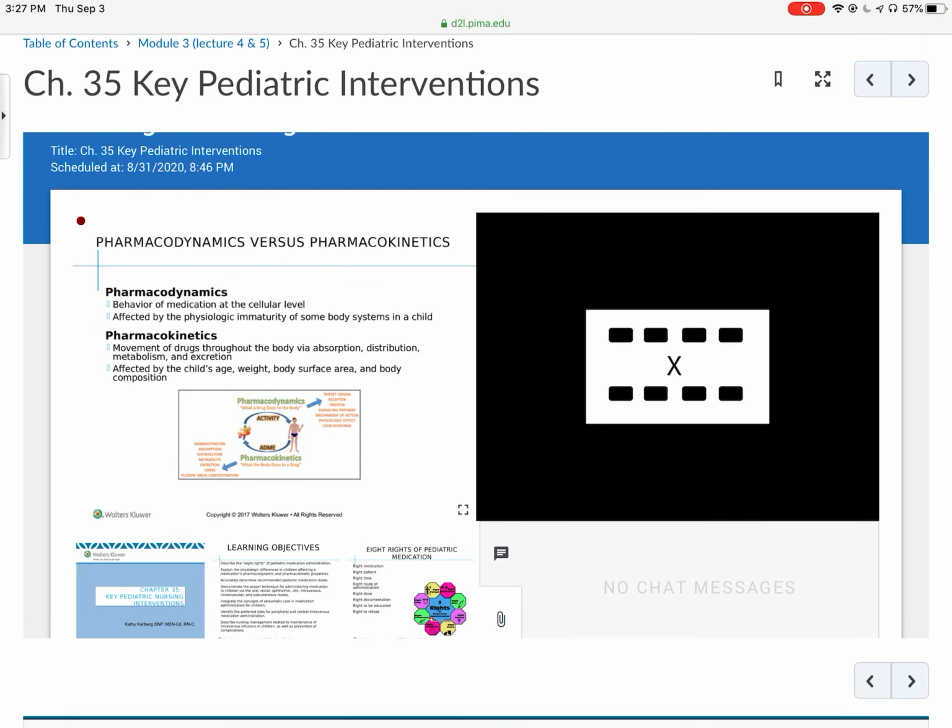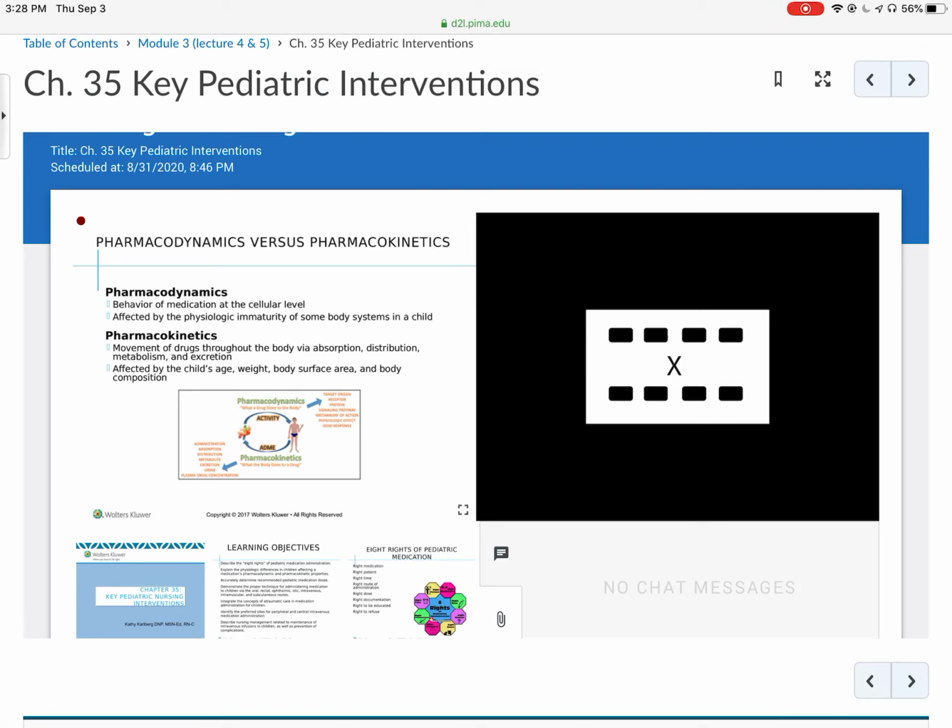So your pharmacodynamics is the behavior of that medication at a cellular level, and it's going to be affected by the immaturity of some of the systems in the infants. When we think about pharmacodynamics, we're thinking about, you know, their liver isn't as mature.